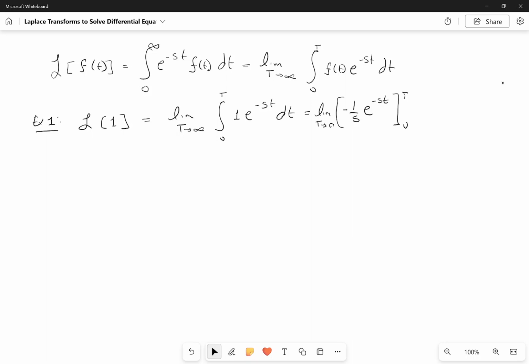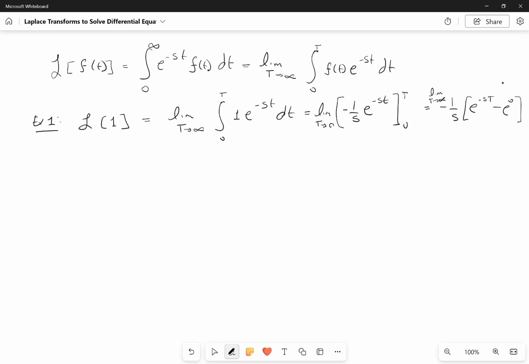All right, so what's next? We've got to sub in our values. We pull the negative 1 over s out, and we have e to the negative st minus e to the 0, with the limit as t goes to infinity.